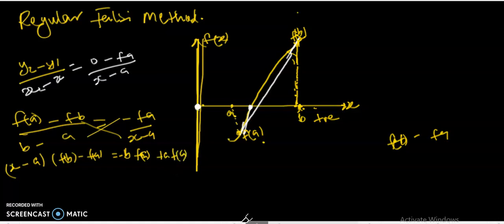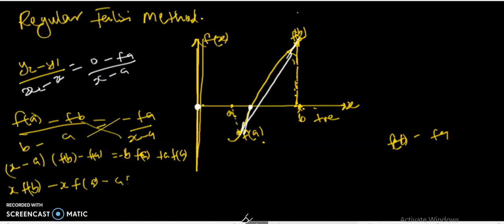Okay, so now if we expand this, we will simply have x f of b minus x f of a.